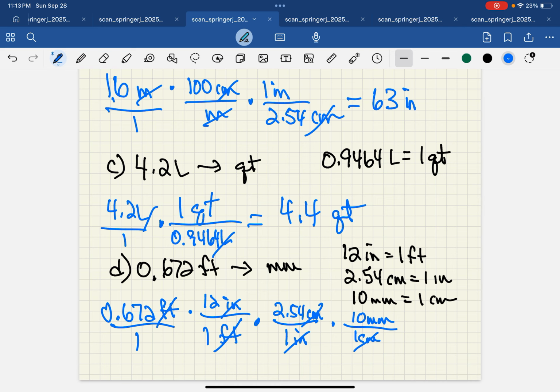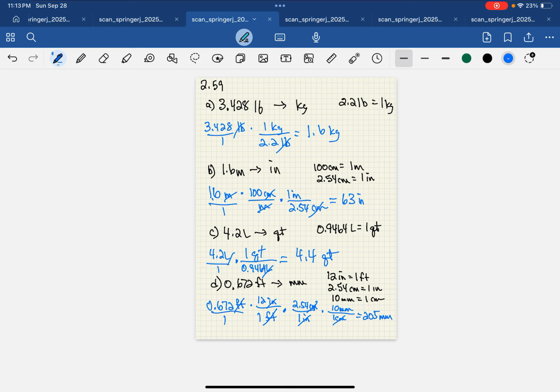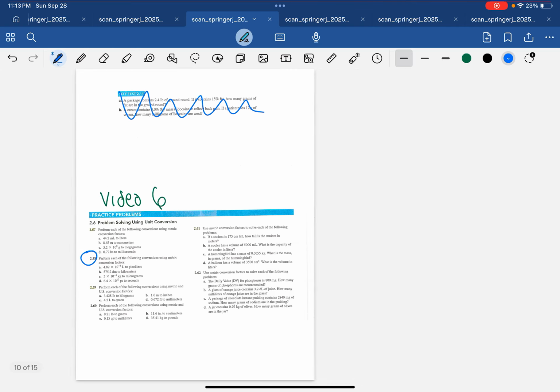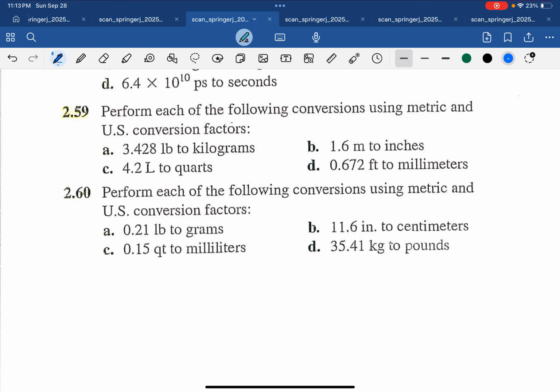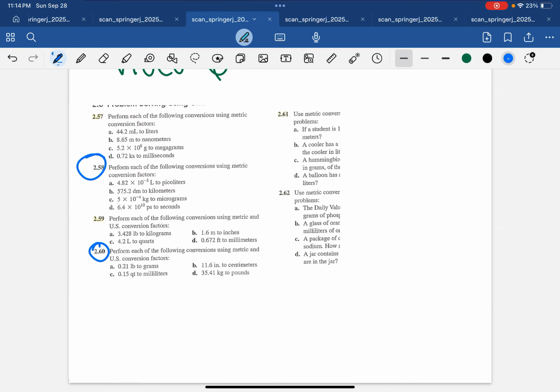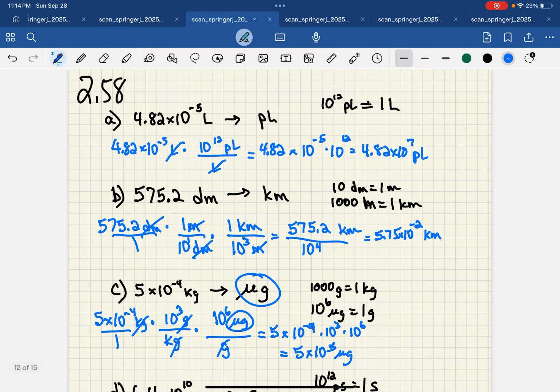So 0.672 times 12 times 2.54 times 10, and I'm getting 205 millimeters. So here we are again. Why don't you pause here and work on 2.60. Do 2.60, restart the video, and you'll see how I work those out.